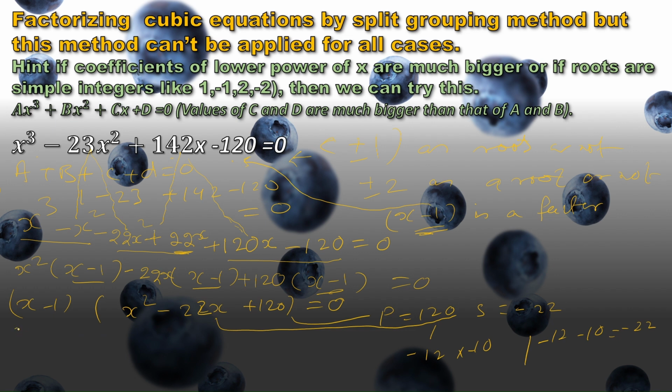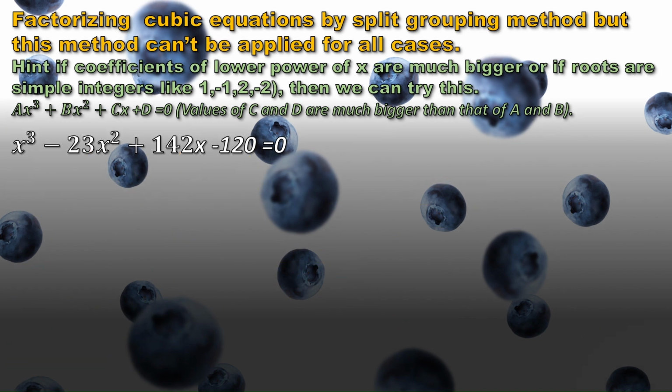So it can be broken down into x minus 1, x minus 12 and x minus 10. So these three roots we get: x is equal to 1, 12 and 10. These are the three roots, which are all real. So let's see another example.